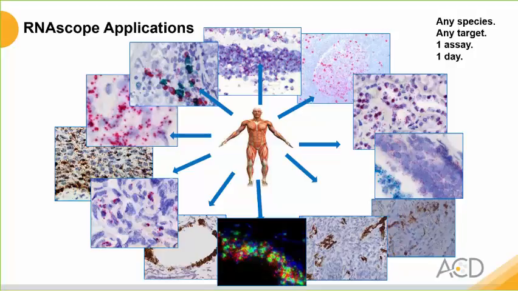The second question is a follow-up to that. Does the IHC H-score correlate with the RNAscope H-score? That would really have to be determined on a case-by-case basis. In general, what we found is that protein expression correlates quite well for many biomarkers with mRNA expression that's assessed by RNAscope.